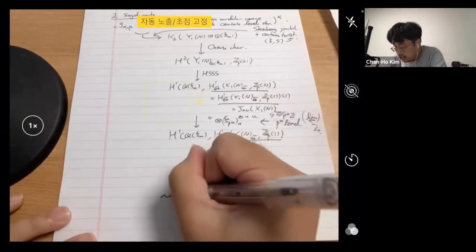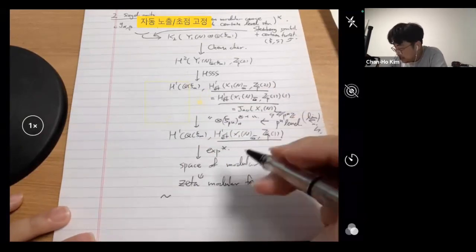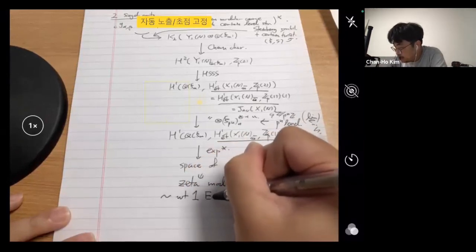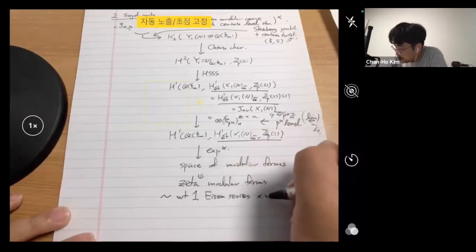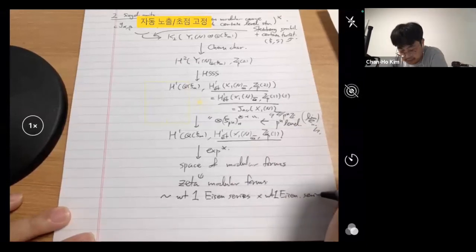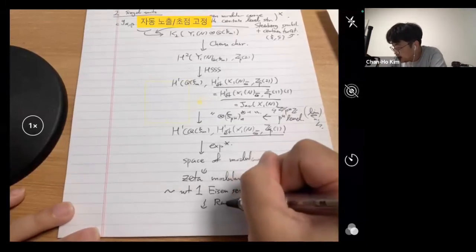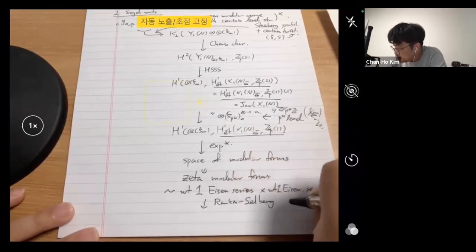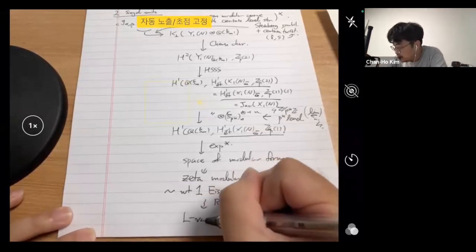In the case of elliptic curves or modular forms of weight 2, the zeta modular form can be regarded as a weight 1 Eisenstein series times a weight 1 Eisenstein series. And using the Rankin-Selberg method from this, you will get the L-value formula.